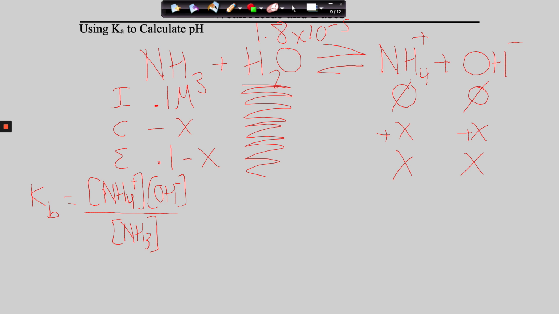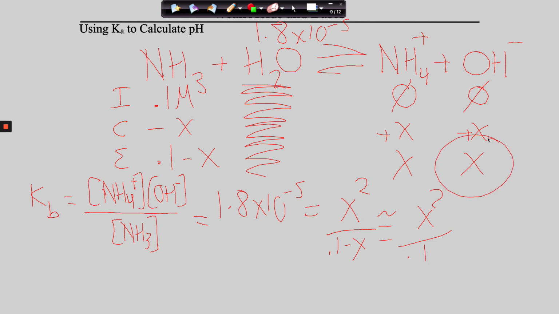Yep. Okay. So how do we solve this then? We would go 1.8 times 10 to the negative 5th is equal to x squared divided by 0.1 minus x, which is approximately equal to x squared divided by 0.1, and we just solve that for x. That gives us this. Then what do we do with it? How do we find the pH?